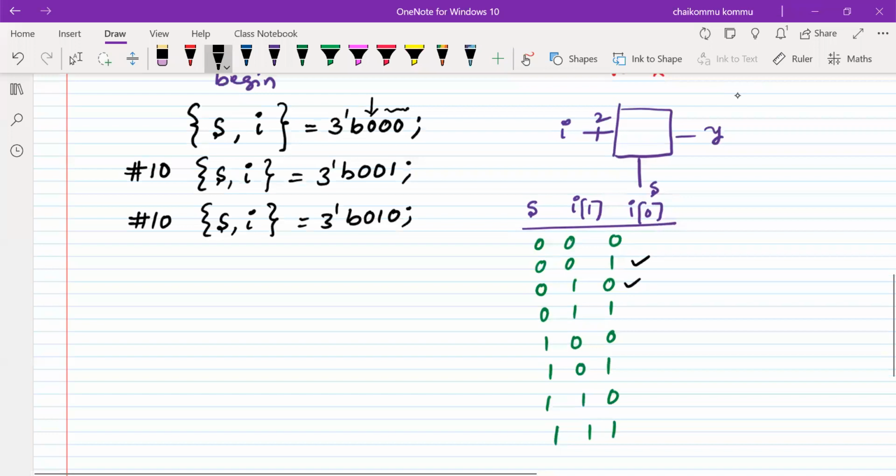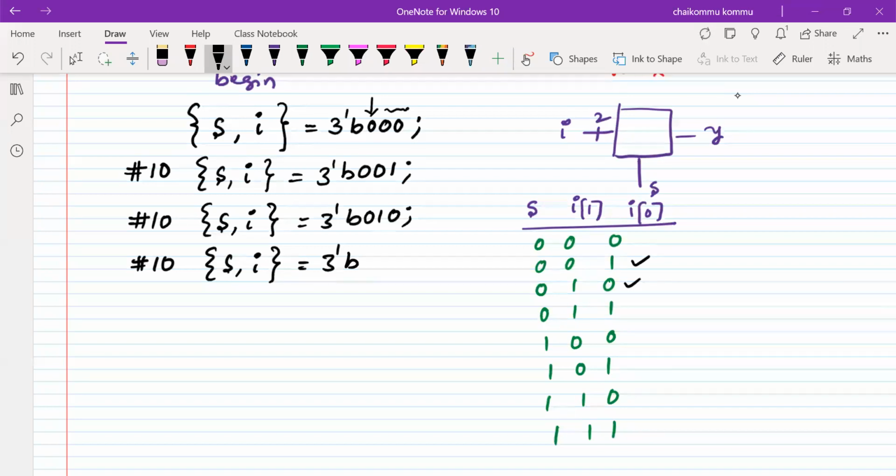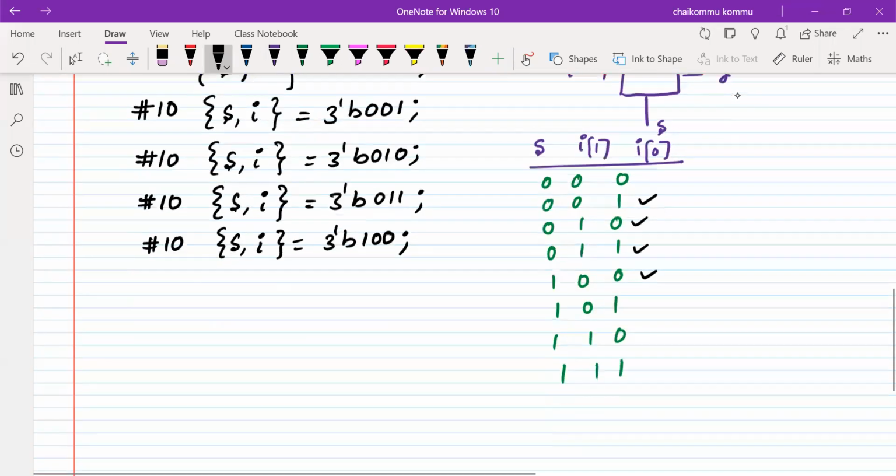After another 10 nanoseconds, S comma I is 3-bit 0, 1, 1. The fourth one is also completed. After another 10 nanoseconds, S comma I will be 3-bit 1, 0, 0. This one is also completed.